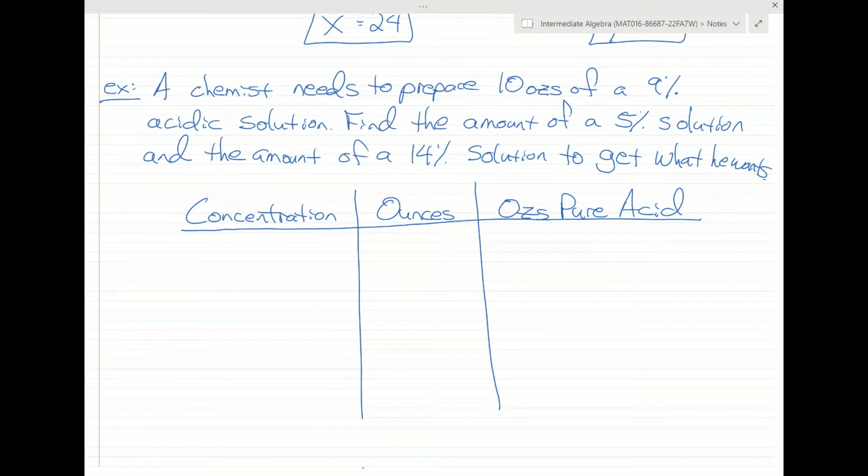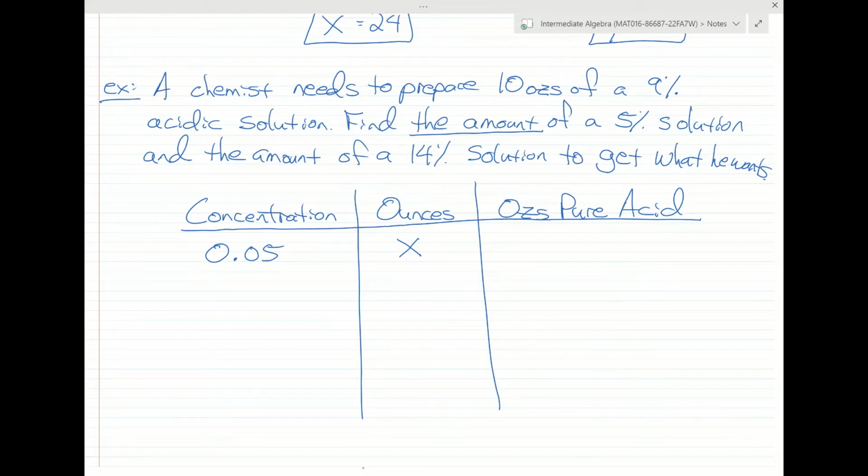So let's start with 5%. So concentration is the 5%. We don't know how many ounces of that to use, so we'll just put X here. But say if we have 100 ounces and it's 5% acid, that means that there's 5 ounces of acid.